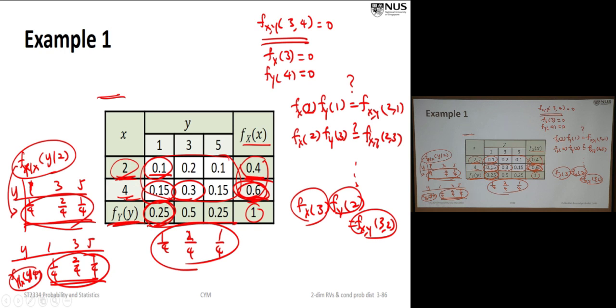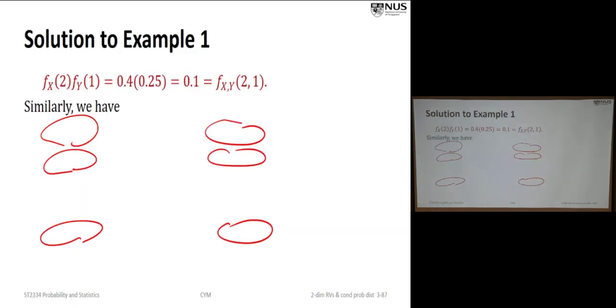So, in other words, this f of x, y equals f of x times f of y also holds for any other values not given in the table. All right? So this relationship is true for all x, y values. Then they are independent.